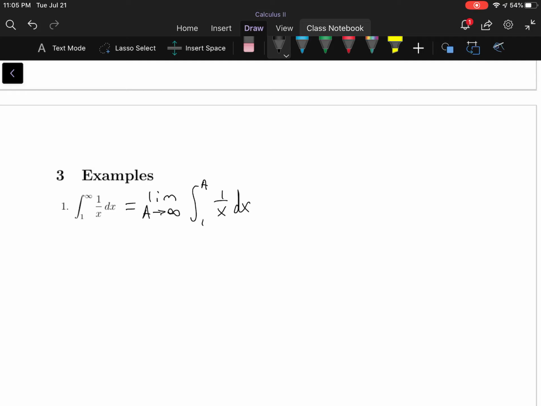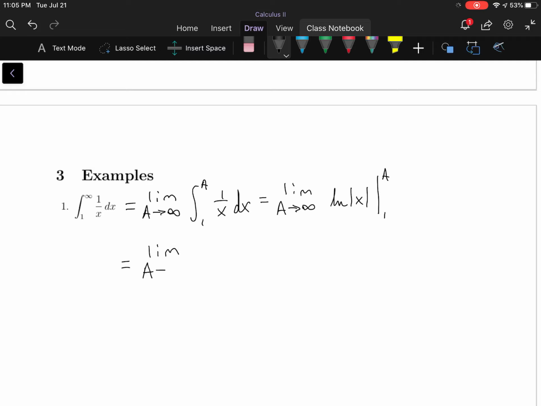And now I am going to progress naturally. I'm just going to keep repeating that limit notation. So limit as a goes to infinity. The integral of 1 over x is the natural log of x, which I'm evaluating from 1 to a. And then I want to actually evaluate.